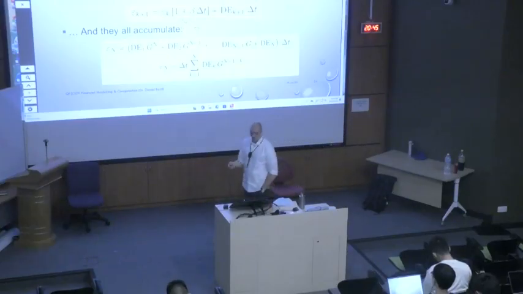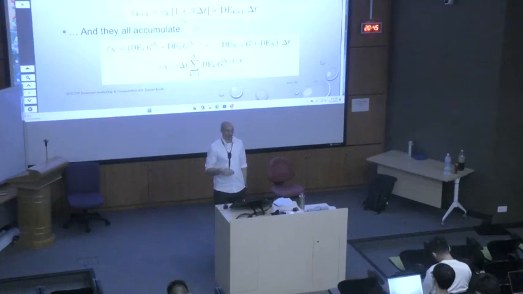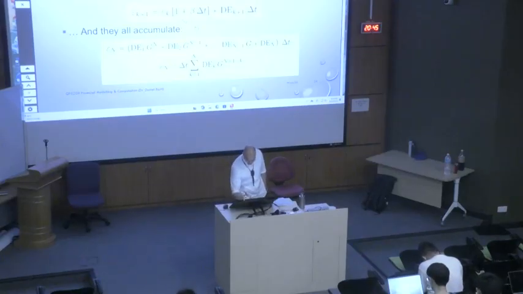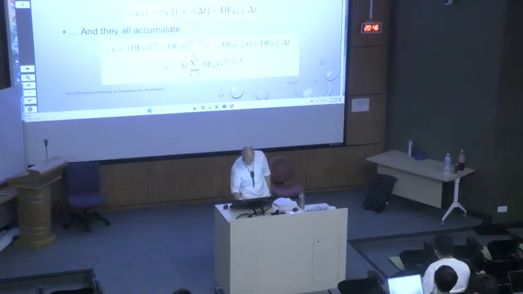And now what you see is that all these errors accumulate. They intensify, they get multiplied by this growth factor. So error 3, let's do it for 3, is error 2 times G plus discretization error, which is error 1 times G plus discretization error, times G plus discretization error, and so forth.